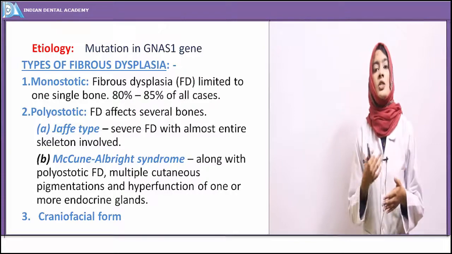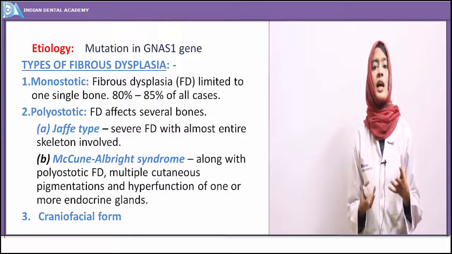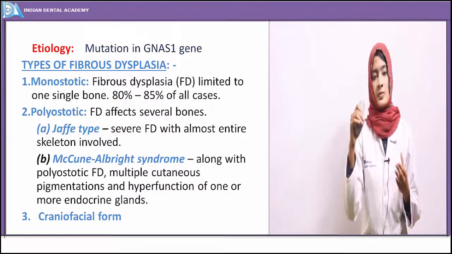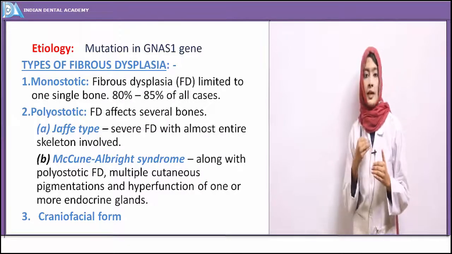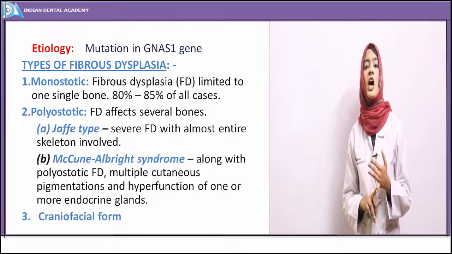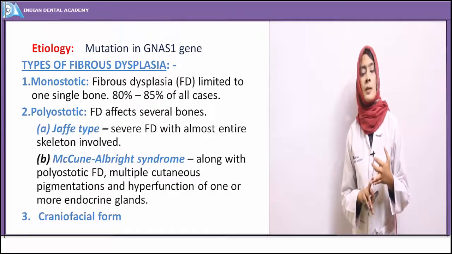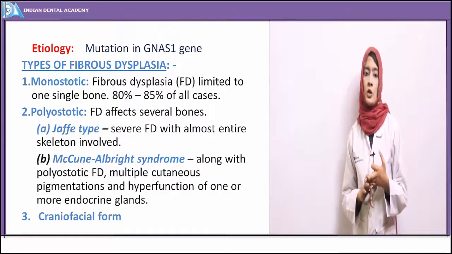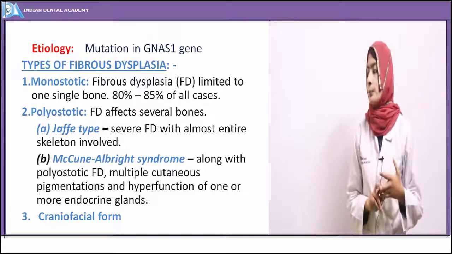McCune-Albright syndrome. The Jaffe type of polyostotic fibrous dysplasia is where the entire skeleton is involved and there are café au lait spots or pigmented macules. Whereas the McCune-Albright syndrome shows polyostotic fibrous dysplasia along with mucocutaneous pigmentation, that is the café au lait spots, and endocrinopathies like hyperthyroidism and so on.